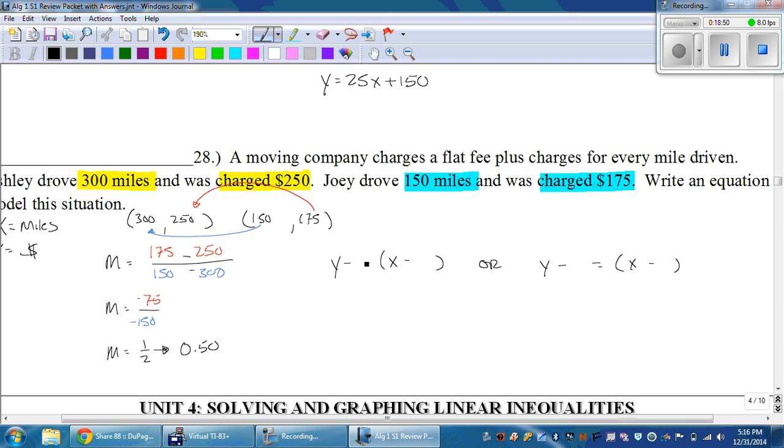You could do it plugging in the 1/2, or you could do it with the 0.50. Sorry, I didn't give you a lot of room right there. Okay, so you pick the point, you solve it either way, and then tell me what the answer is. Okay, good luck.